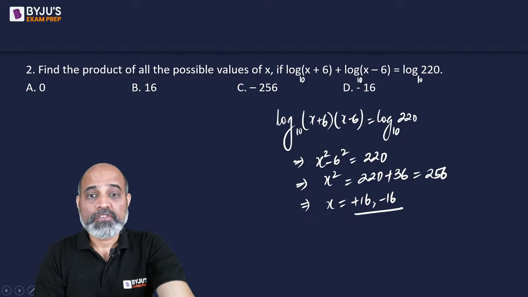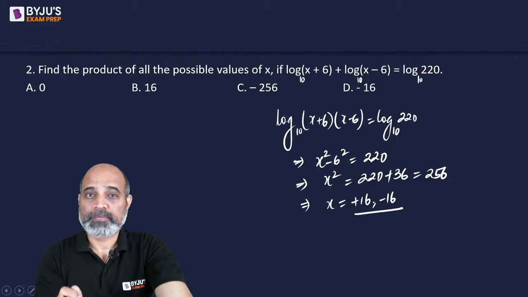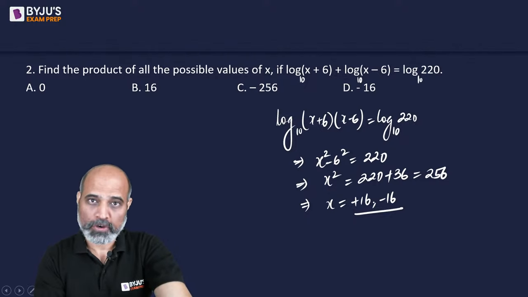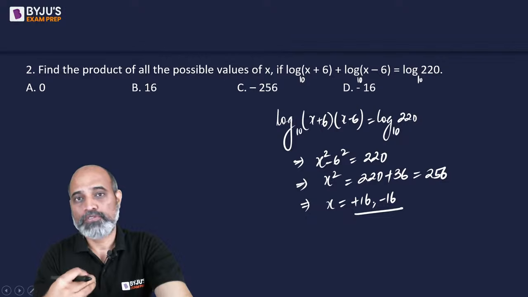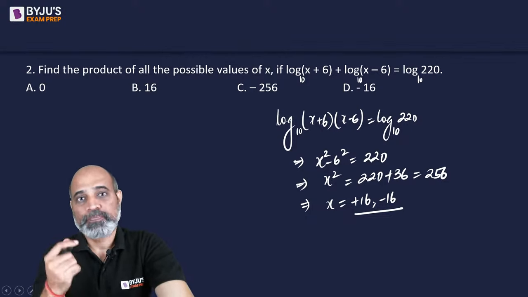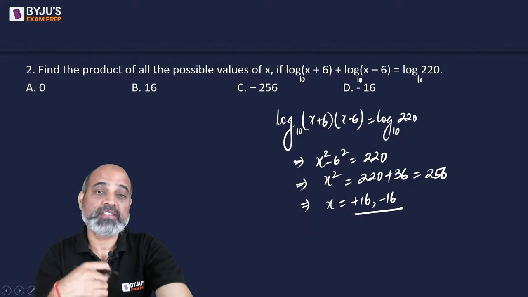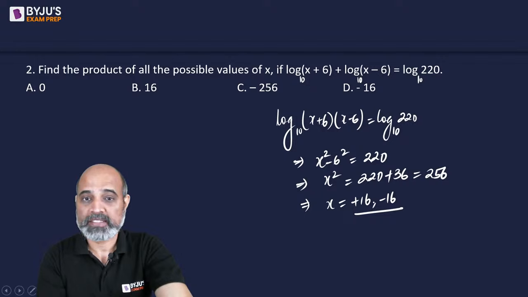So, there is one important thing to notice in the case of logarithm. Whenever you are solving an equation on log, once you get the value for the variable involved in the log, that's not where you need to stop. You need to put those values of the variable back in the equation and see which one of those makes sense.